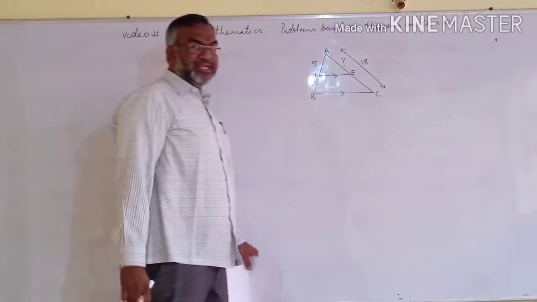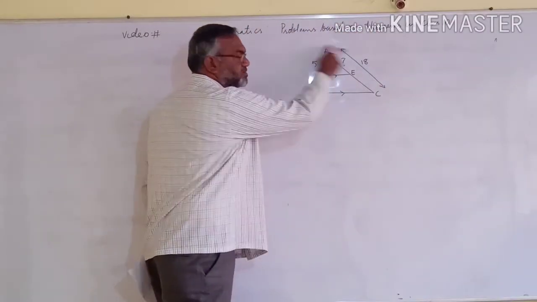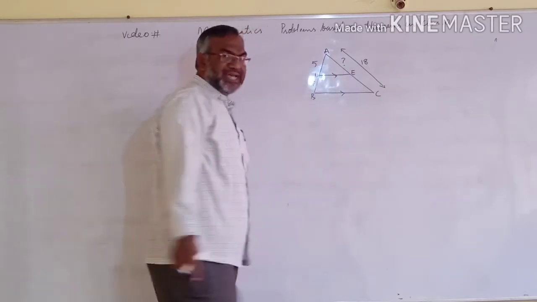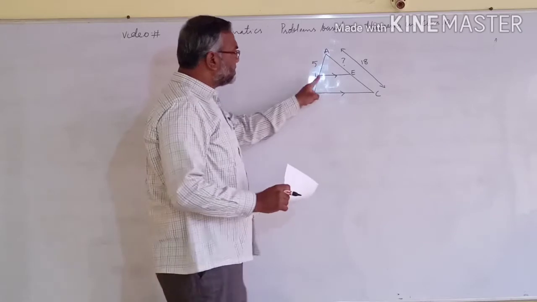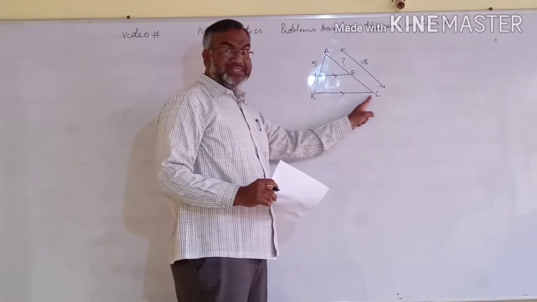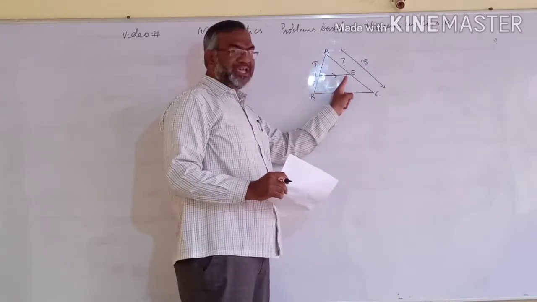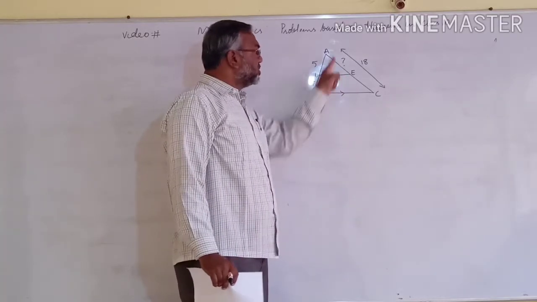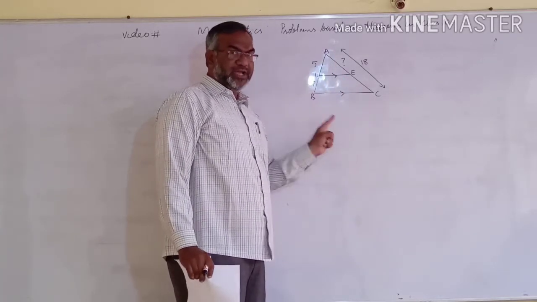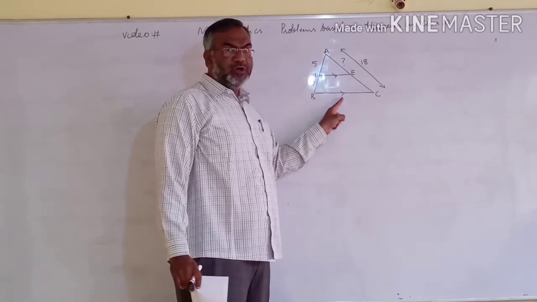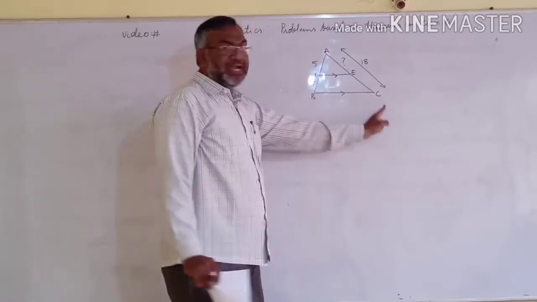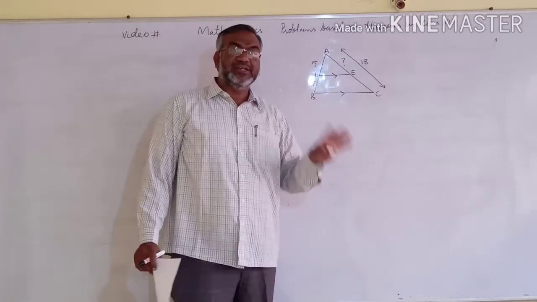According to Thales theorem, in a triangle, if a line is drawn parallel to one side of the triangle, here DE is drawn parallel to BC, then the other two sides get divided in the same ratio.